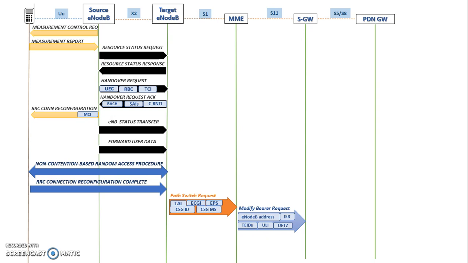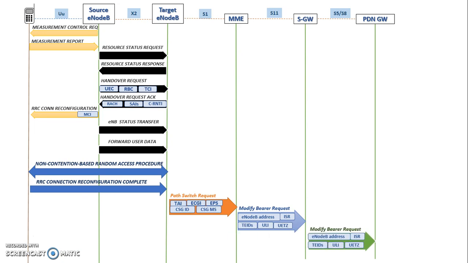Then a modify bearer request message is sent from the MME to the serving gateway, including tunnel endpoint ID (TEID), eNode B addresses, idle mode signaling reduction (ISR), user location information if requested by the PDN gateway, and UE time zone.